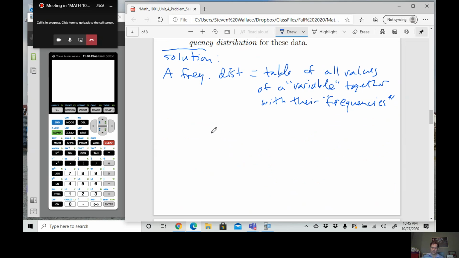Okay, so I've done it ahead of time. YouTube comes up 6 times. So this is the variable value. Sometimes we use X for the value of the variable. Then the frequency is here, the tally. Okay.